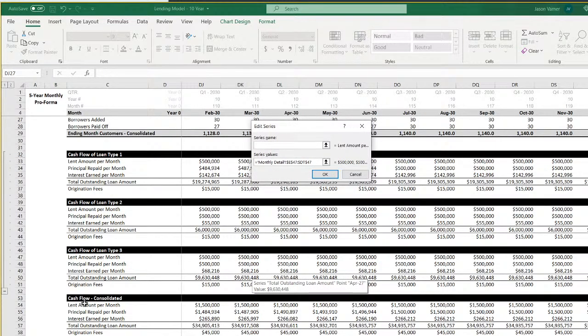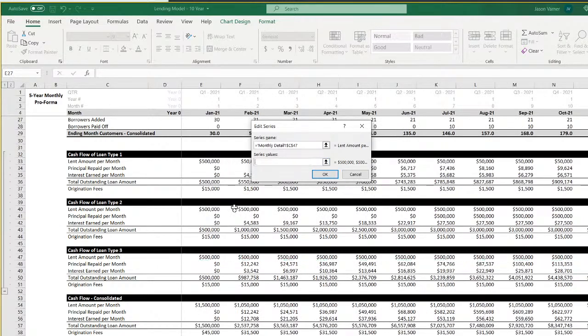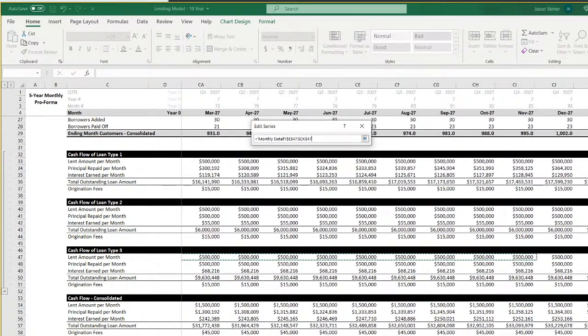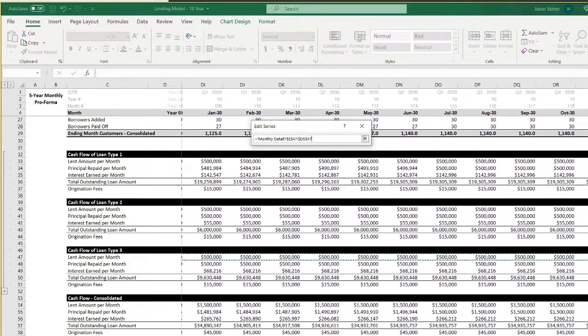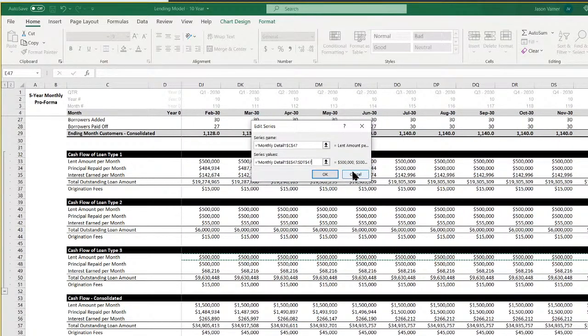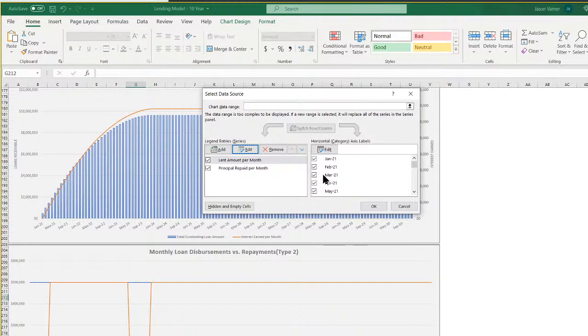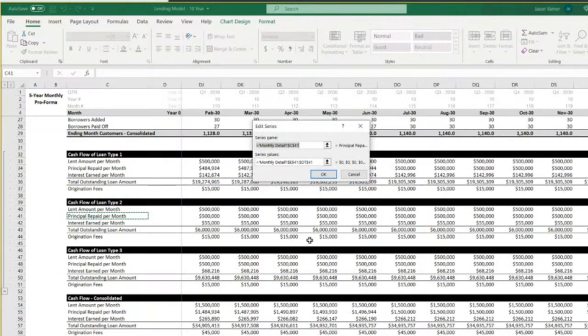So lent amount, type 3, versus principal repaid.